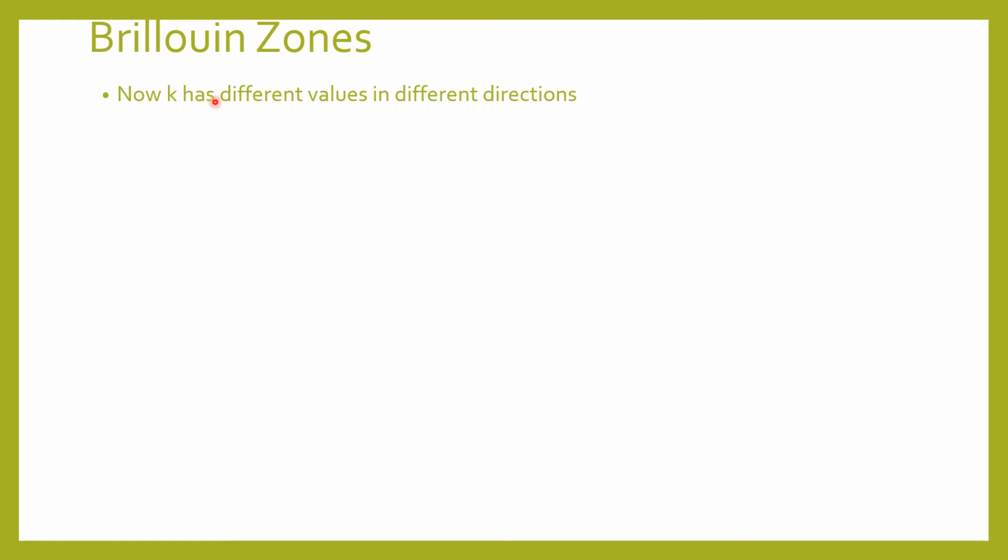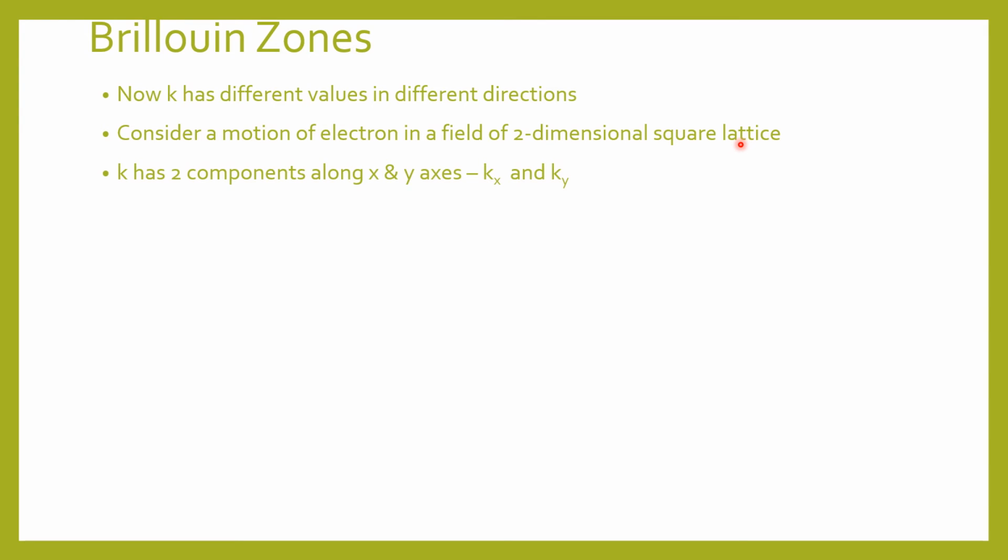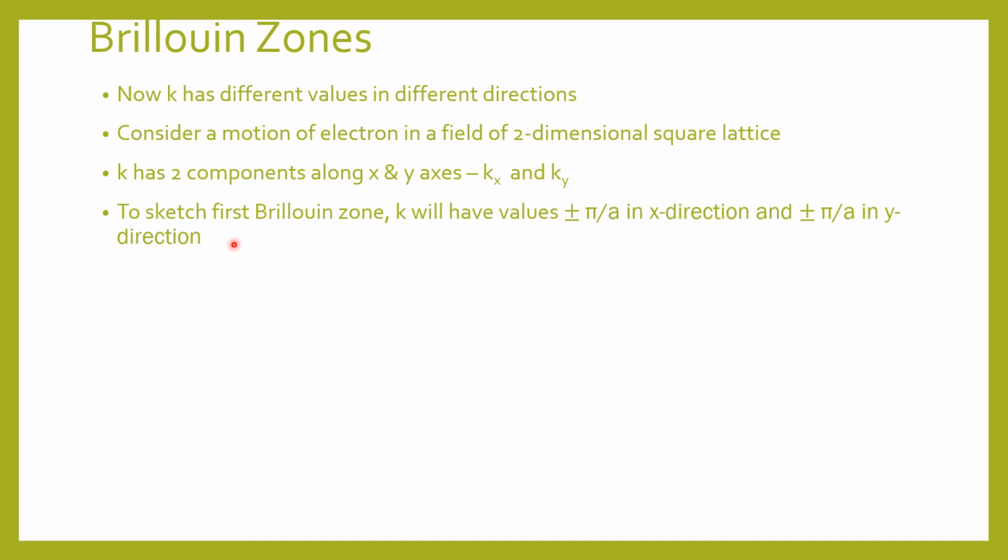Now K has different values in different directions. Consider the motion of an electron in the field of a two-dimensional square lattice. K has two components along the x and y axis, that is kx and ky. To sketch the first Brillouin zone, K will have values plus or minus pi by a in the x direction and plus or minus pi by a in the y direction.